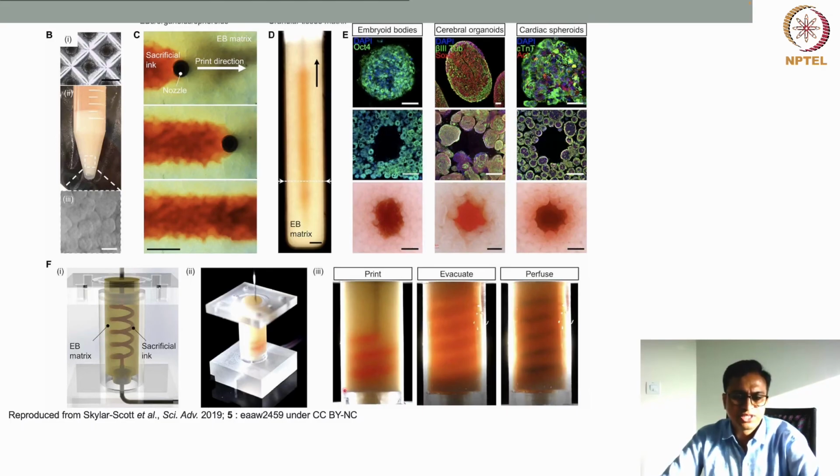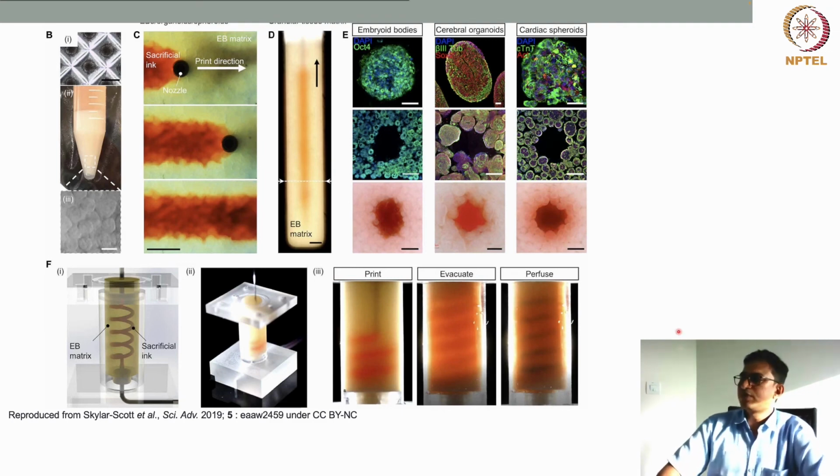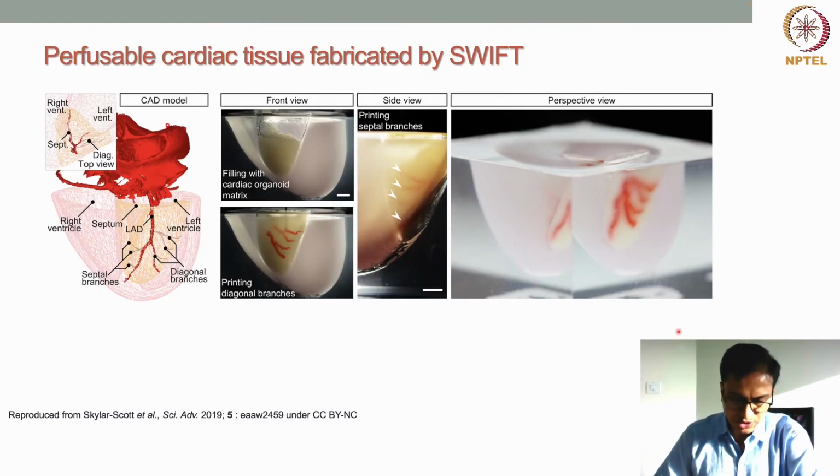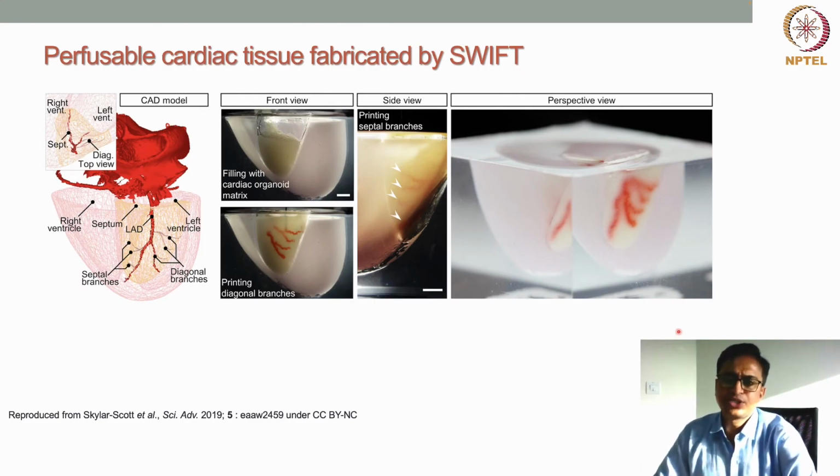When the printing process is done, the helical-like structure is printed, then you evacuate, the gelatin is taken out, and then the media can again be perfused through this. So this technology is very good for printing any kind of thing. Also in this same work they have shown how a perfusable cardiac tissue can be fabricated.